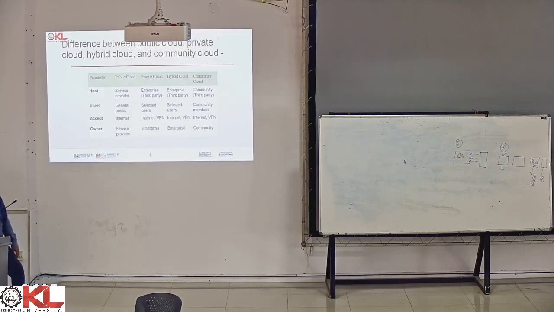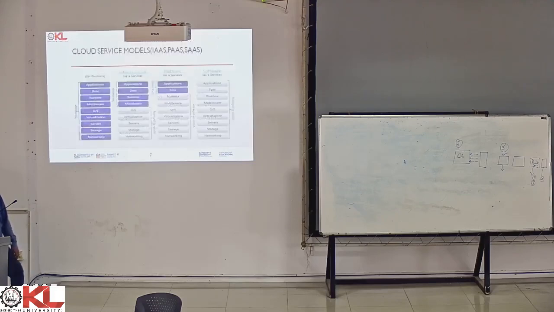Coming to access over the internet: for private, internet as well as VPN; for hybrid, internet as well as VPN; community, internet as well as VPN. Whereas ownership in the public cloud is the service provider; private cloud, enterprise; hybrid cloud, enterprise; community cloud, community.